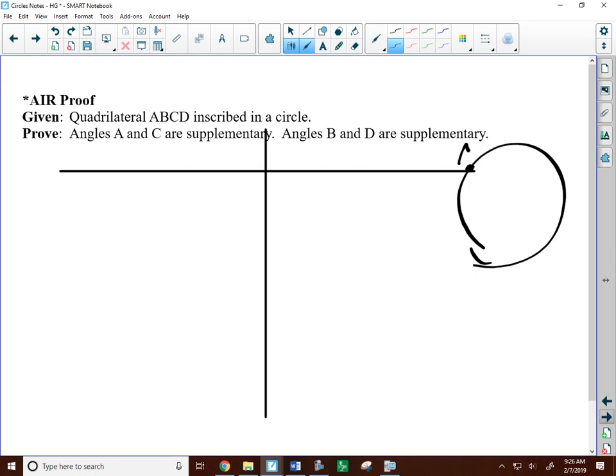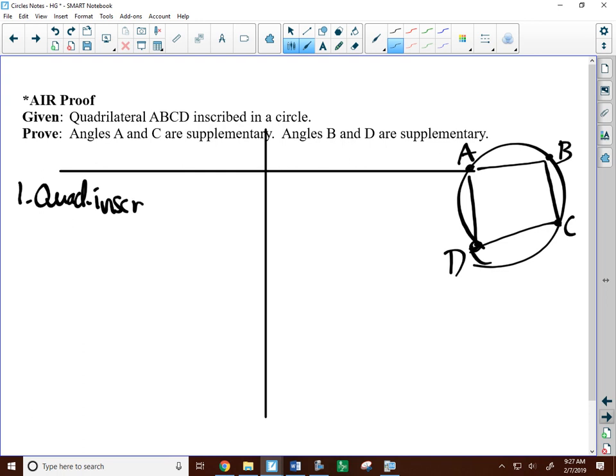So what I'm going to do is draw a picture here, similar to before, A, B, C, and D. Okay. And what we're going to show, given a quadrilateral inscribed in the circle, is that A and C are supplementary, the opposite ones, and B and D also. Just to save time, I'm just going to do one pair.